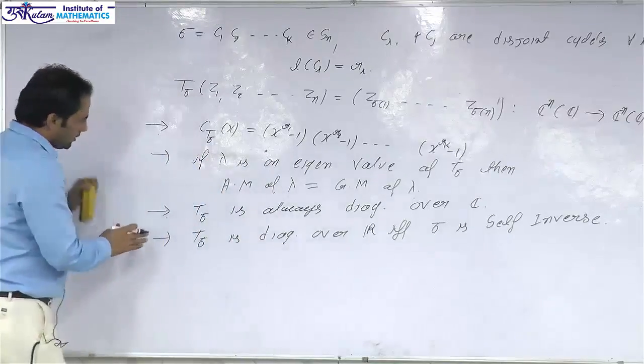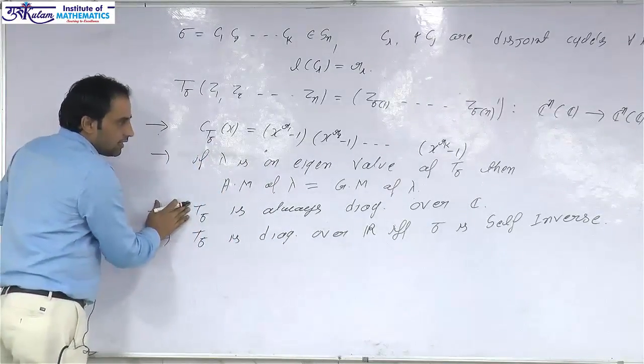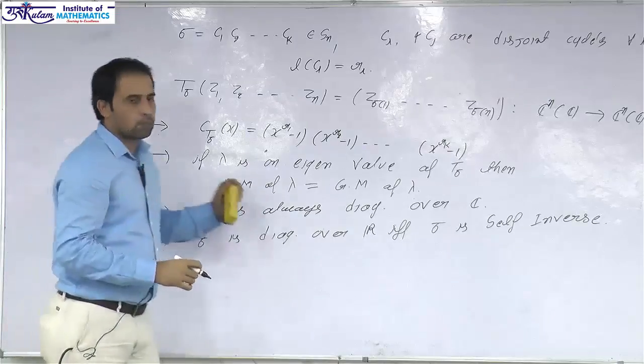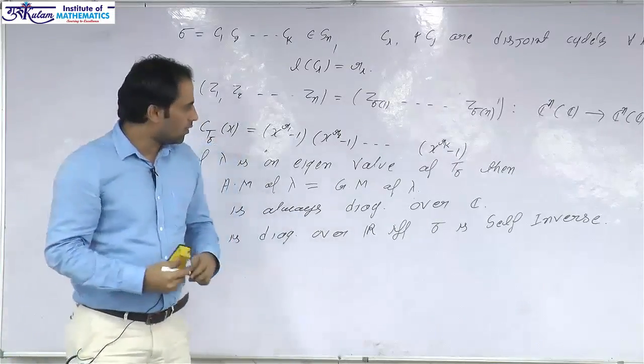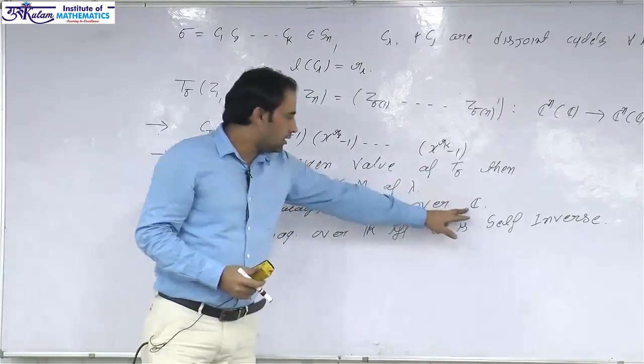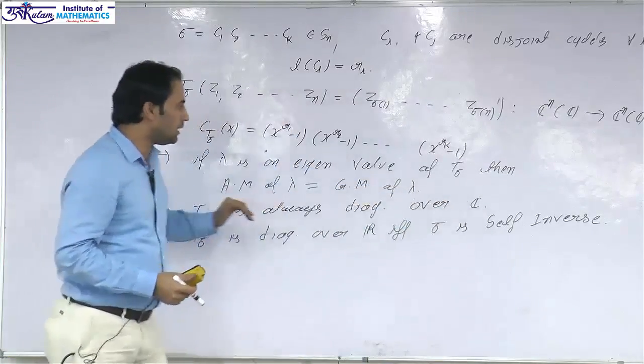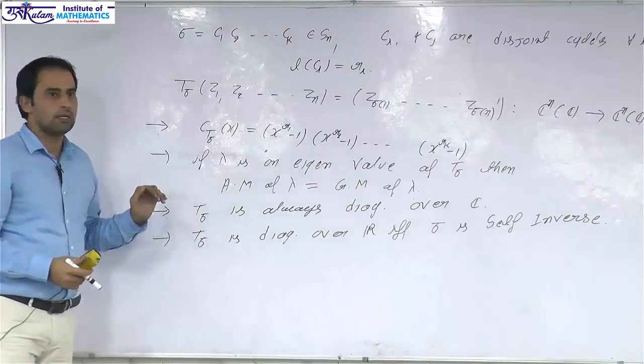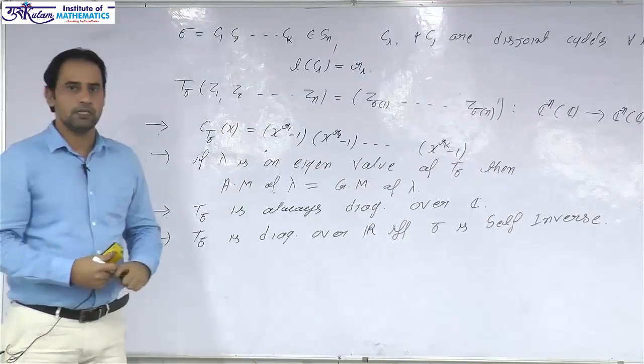And since this T sigma is diagonalizable over C, we know the property of diagonalizability: an operator is diagonalizable over a field if and only if the minimal polynomial of this operator contains non-repeated linear factors.